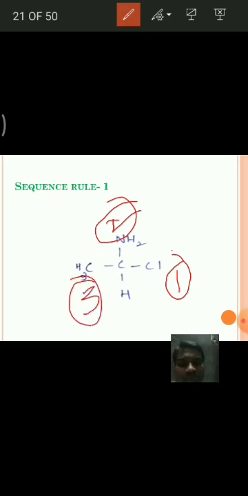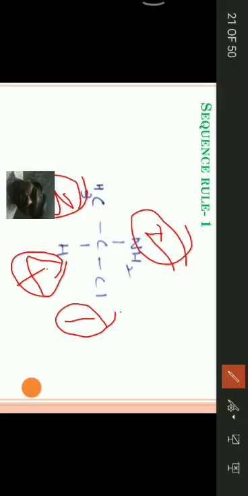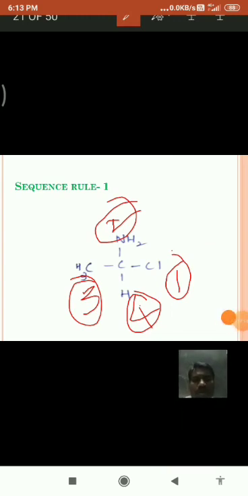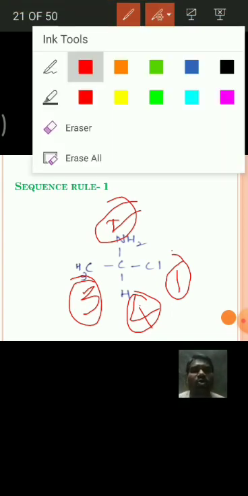Then among hydrogen, carbon and nitrogen, nitrogen has the highest, hence it will be given second. Next, carbon has the next highest, hence it will be given third priority. And hydrogen is the least, hence it will be given 4th priority. That means the atom with the highest atomic number will be given the highest priority. I think you understood how to give priority.